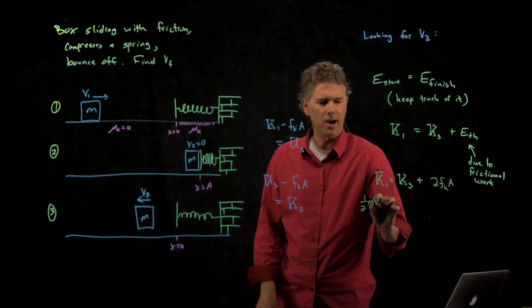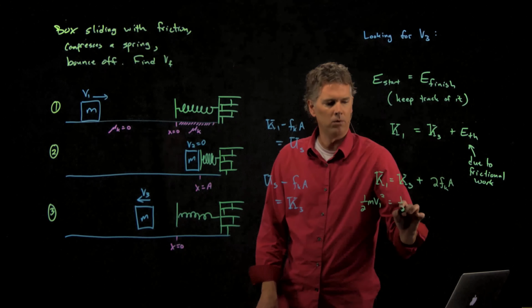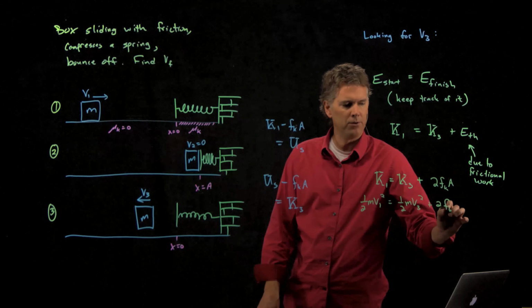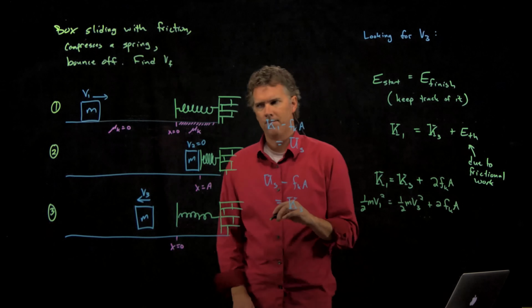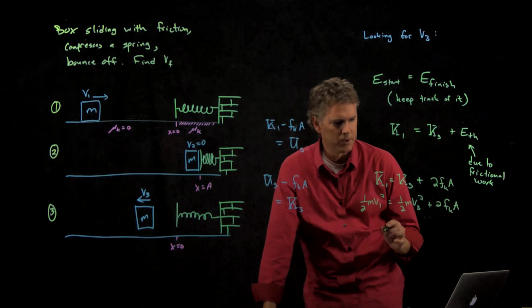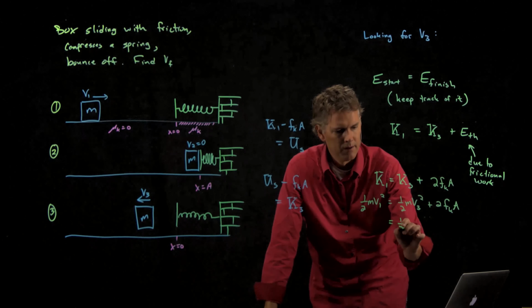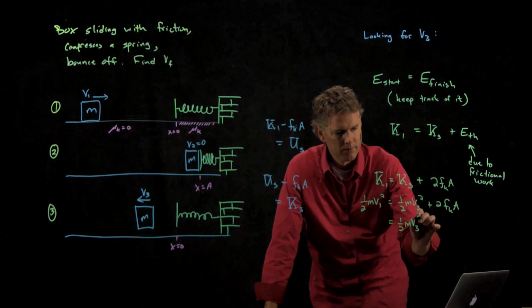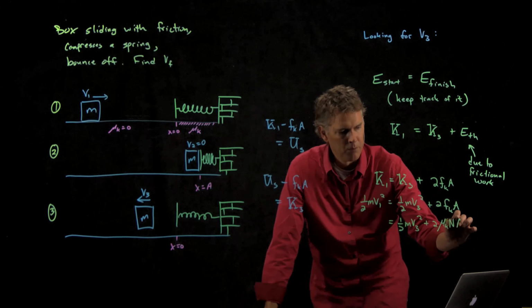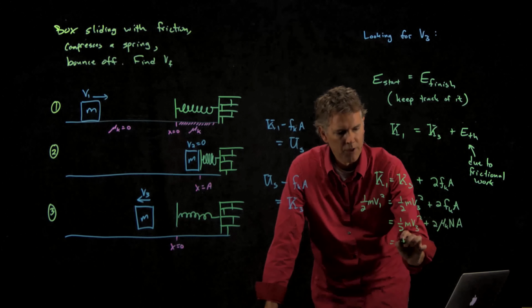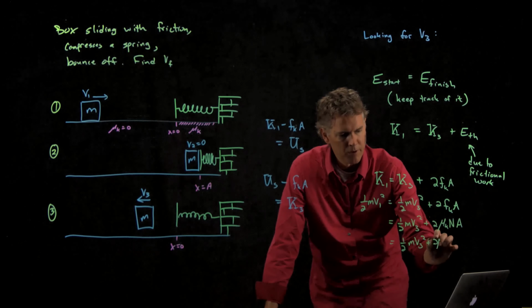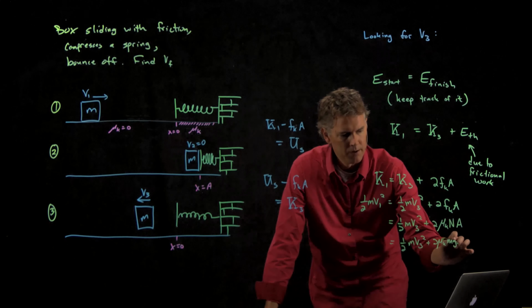We have 1/2 m v1 squared equals 1/2 m v3 squared plus 2FkA. Fk, we're not exactly sure what that is, but we can figure it out. We know that Fk is mu k times the normal force. If this whole thing is on a horizontal surface, then that normal force is just mg.